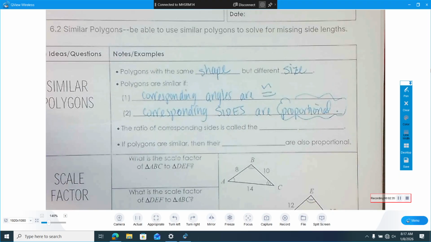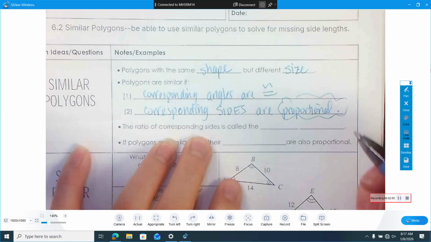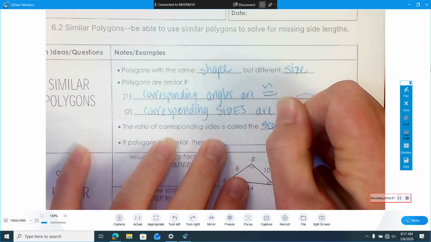We're taking a figure and maybe scaling it bigger, or taking a figure and shrinking it down, okay? And so that's what it means to be proportional. We can multiply it by something to make it bigger, or multiply it by something to make it smaller, okay? The ratio of corresponding sides is called the scale factor.